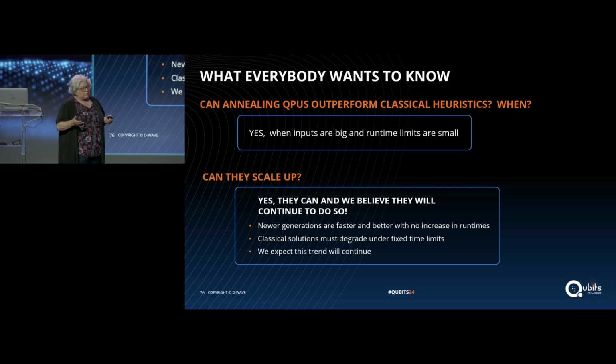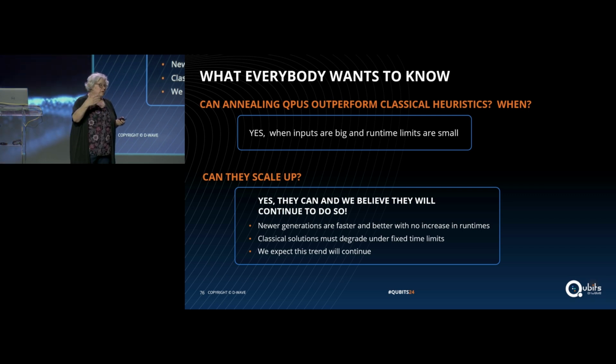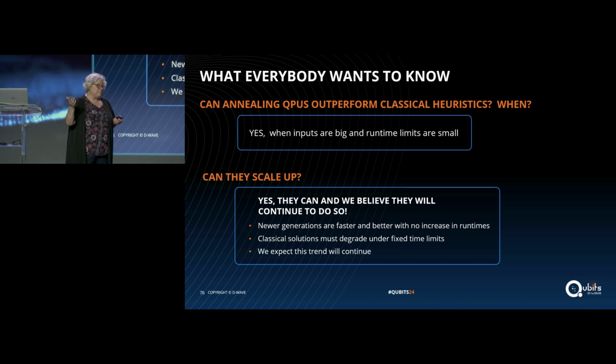And we expect this trend will continue to the new generations. There's no expected increase in access time. That hasn't changed since we started with the D-Wave 2 with 500 qubits. It's been a tenfold increase in qubit capacity, and the access time has pretty much remained constant for all that time as the generations have increased.